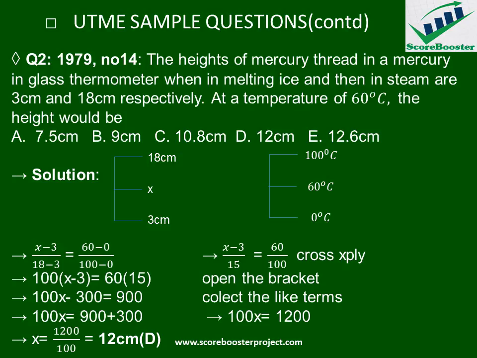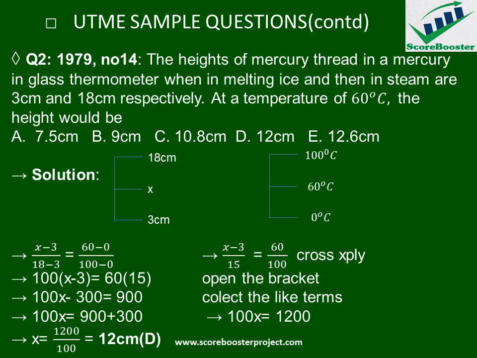In comparison with the temperature in Celsius, the steam point is 100 degrees Celsius, the intermediate point is 60 degrees Celsius, and the ice point is 0 degrees Celsius, as discussed earlier.